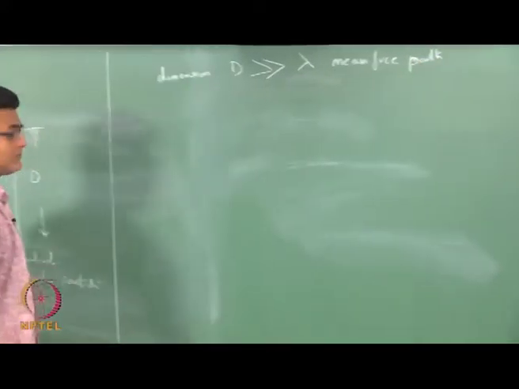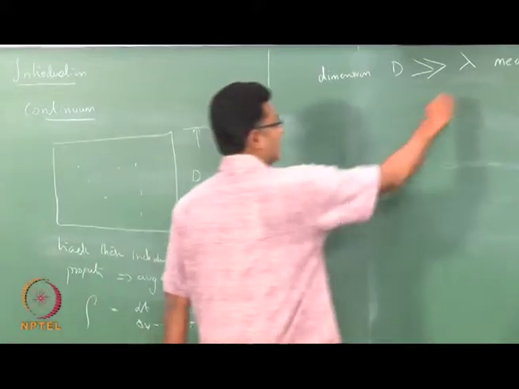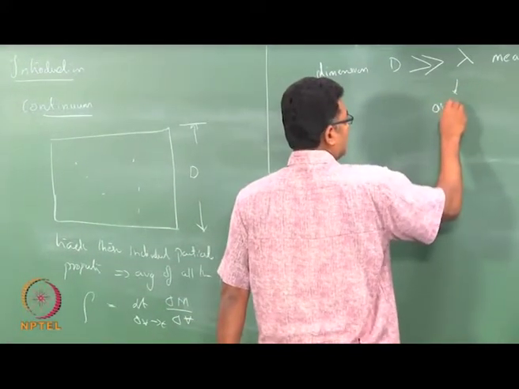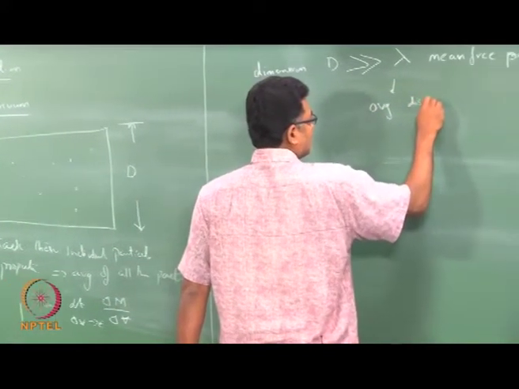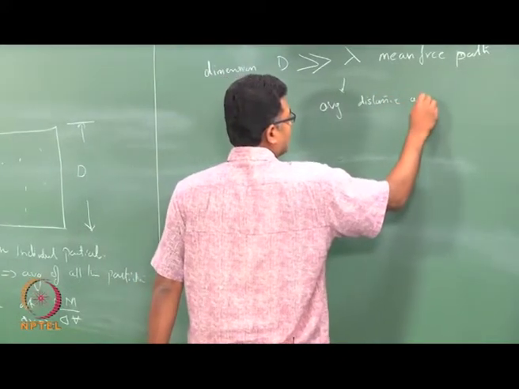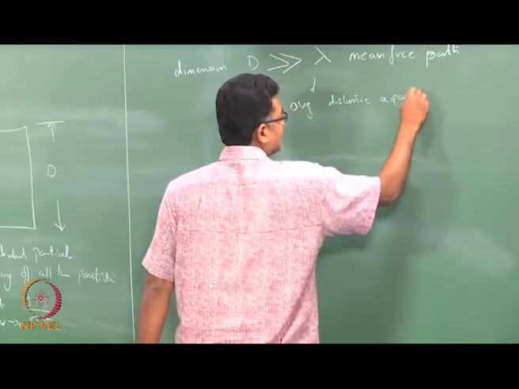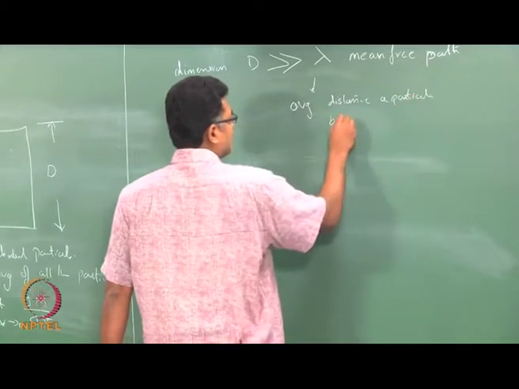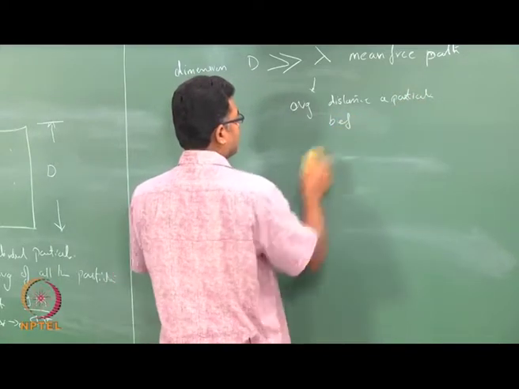Mean free path is nothing but the average distance a particle travels between two collisions.